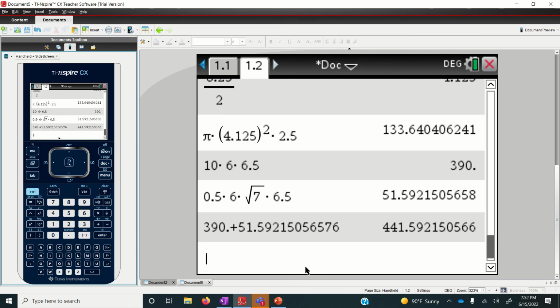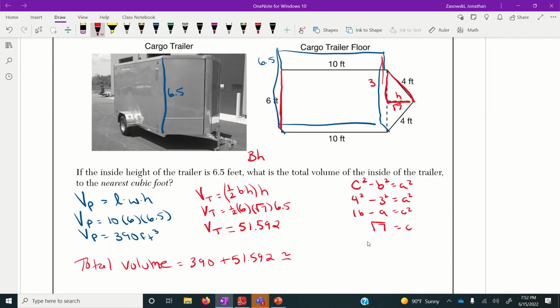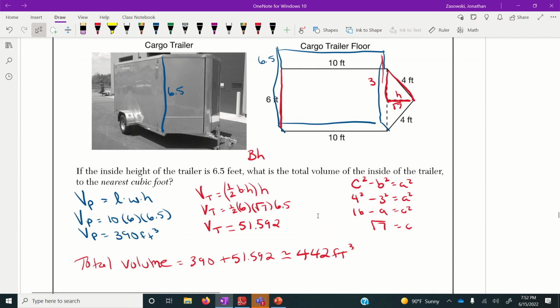And we know that we're getting approximately 442 cubic feet. Okay, and that's it. We're done with that question. So a little bit kind of hard just because you had to get that height there for that one.